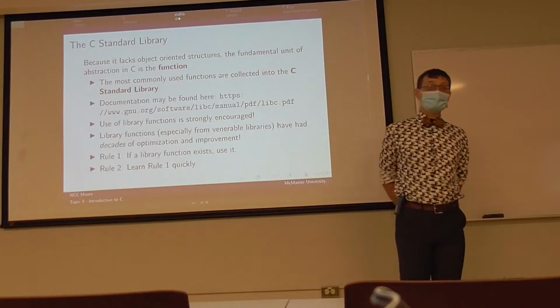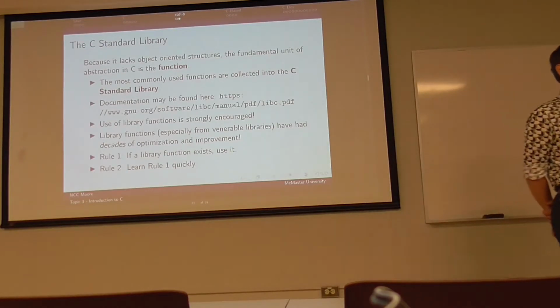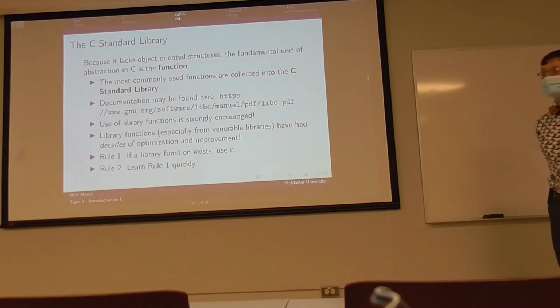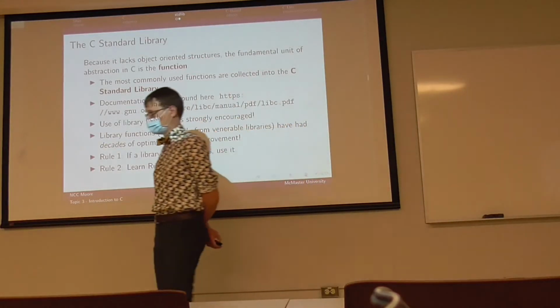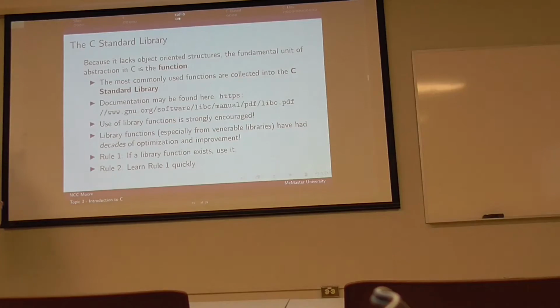Because it lacks any kind of object-oriented structures, the fundamental unit of abstraction in C is the function. Whereas with Python we had a few mechanisms of abstraction on top of functions which allowed us to write more compact programs, in C, the level of abstraction that you have available to you bottoms out at the function.